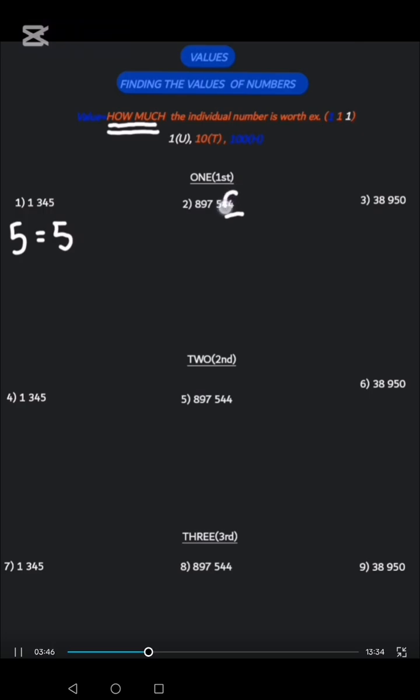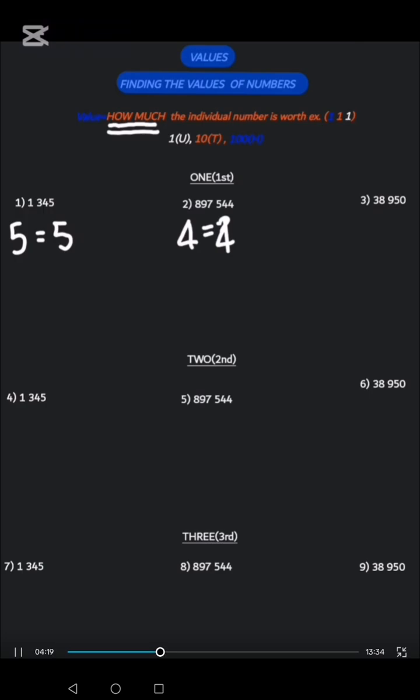So we stay focused on this number and ignore the rest of the other numbers, because we want to know the value of that number, and the value of that number is 4. And 4 is going to equal 4 because there's no other number after 4. 4 is the very last number, so 4 will stay 4, and 4 equals 4.